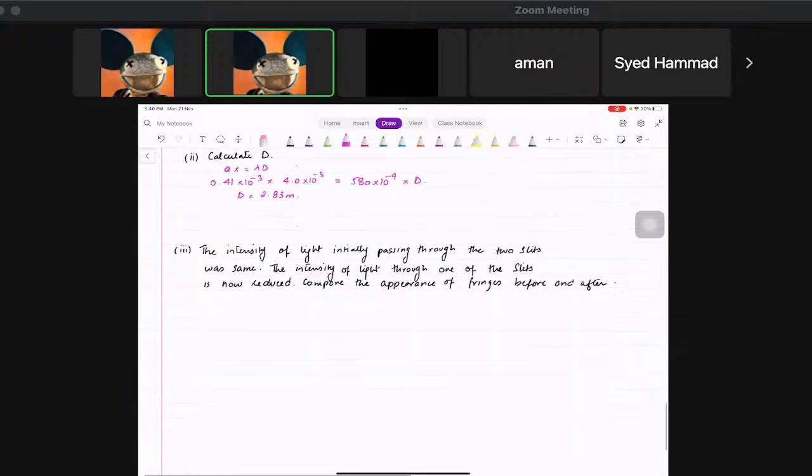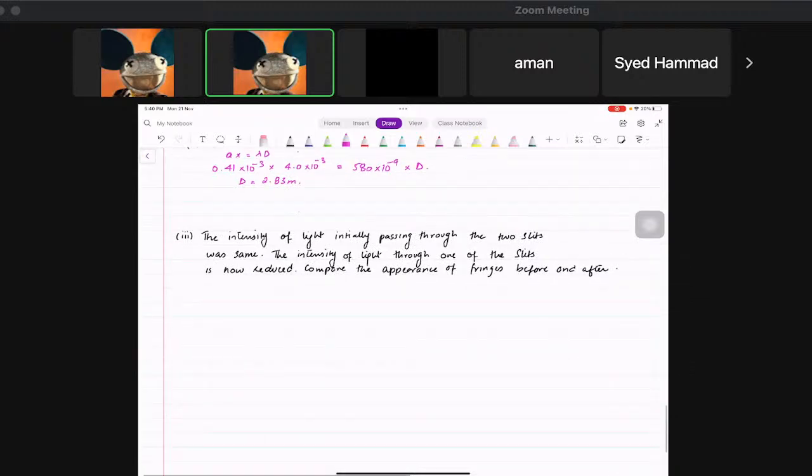Although we need to write about it, I want to explain it using a diagram as well. It's not necessary to draw the diagrams if you don't want to. First, we're going to talk about before. Before, if one wave was like this, okay, let me make it a bigger one, and another wave was like this, both waves were similar with similar amplitude because the intensity is the same.